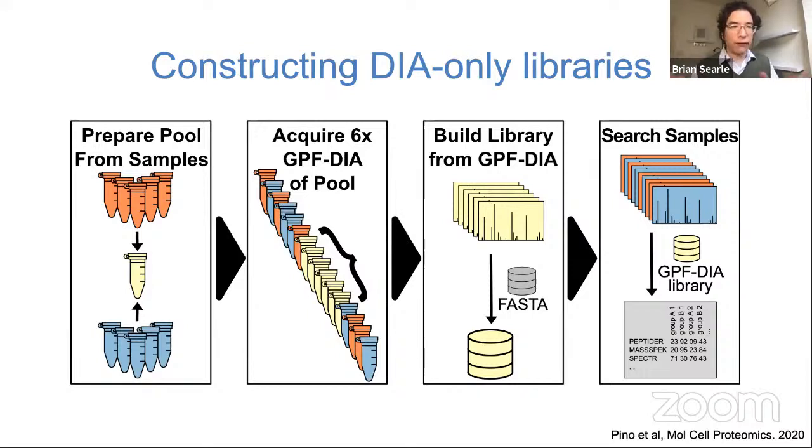Typically in these gas phase fractionation libraries, we can see up to 100,000 different peptides that we can confidently identify. And once we've found them in the pool, we now know the exact fragmentation patterns and the exact retention time standards for those specific peptides. We can map those to the rest of the experiment.